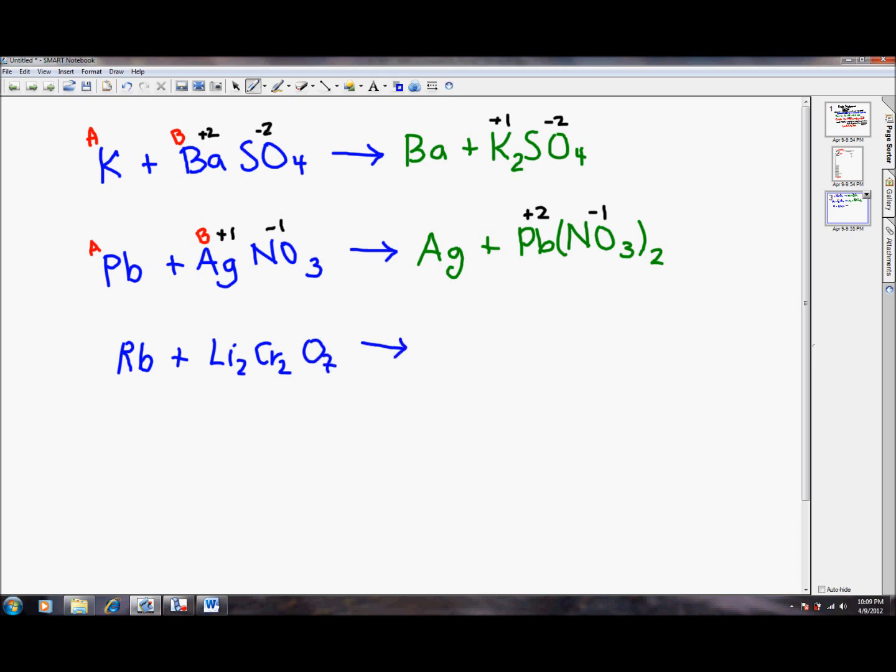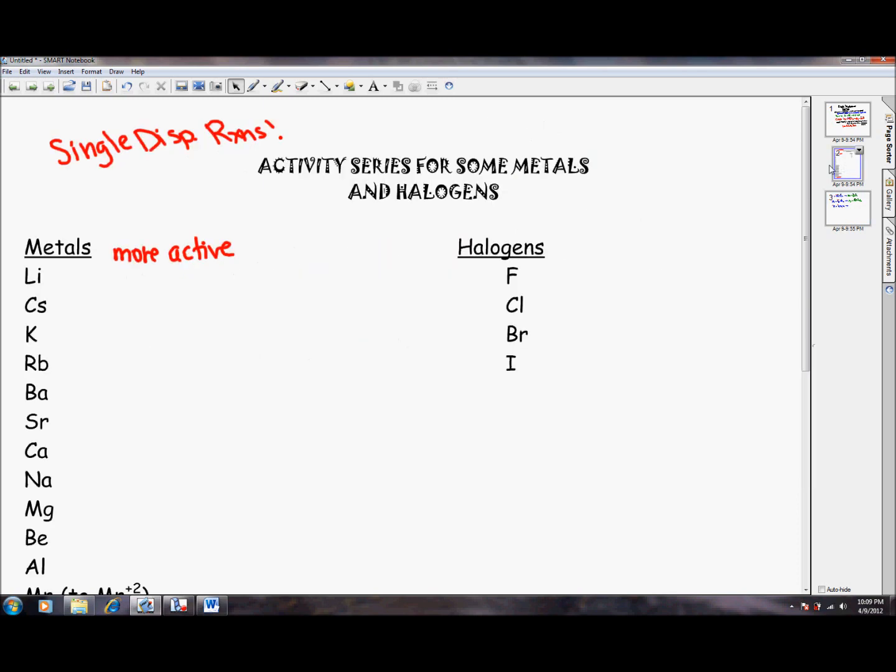Okay, here's our next pair. This is rubidium and lithium dichromate. So rubidium is going to be metal A, and lithium is going to be our metal B. Let's jump to our activity series and compare the positions of rubidium and lithium. Here's rubidium.